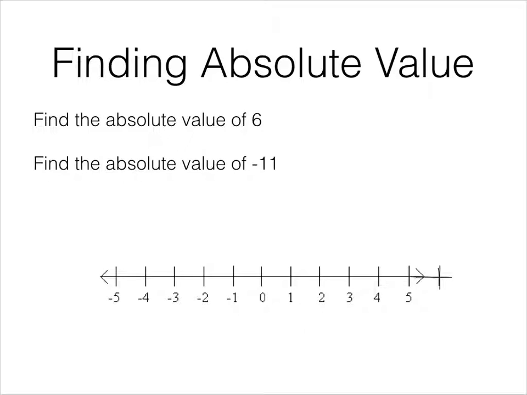So if I extended my number line, this would be 6 right here. Okay, and so now I want to find the distance between 6 and 0. So if I count this, I'd start at 0, 1, 2, 3, 4, 5, 6. Okay, so the absolute value, I can rewrite it like this: absolute value of 6 equals 6.